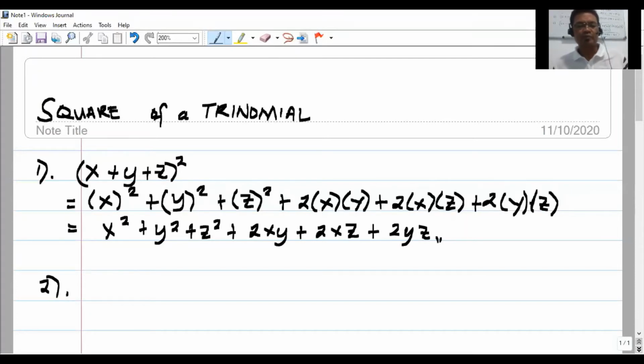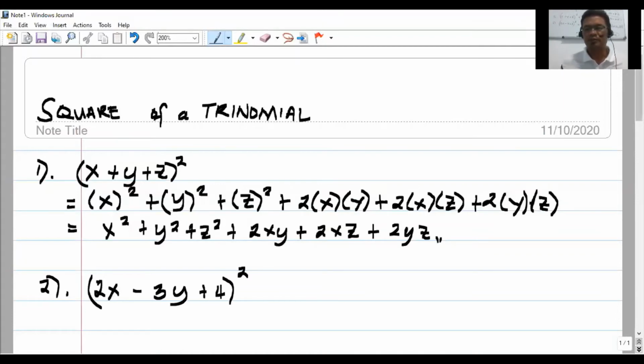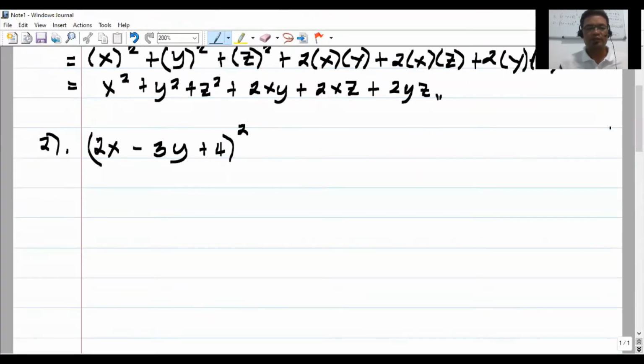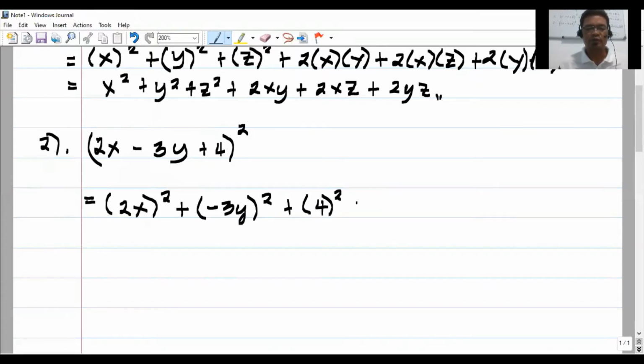We have a numerical coefficient for x. Say we have (2x minus 3y plus 4) squared, okay? So we have the first term, square. We have to square our first term. And the second term must also be squared. Okay, so (minus 3y) squared plus the square of the last term, we have 4 squared.